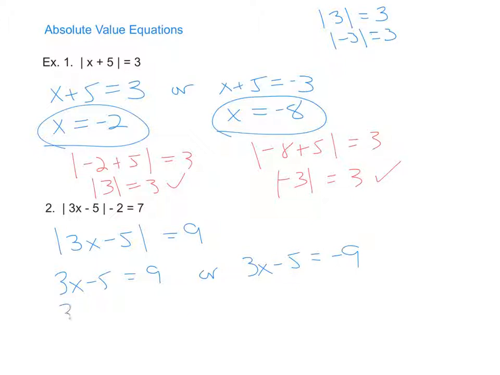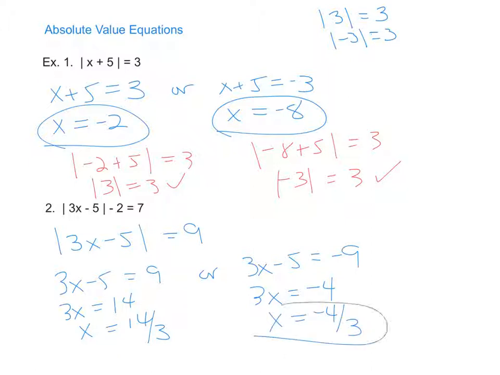So I just need to solve this. 3x equals 14, x equals 14 over 3. 3x equals negative 4 by adding 5 to both sides. X equals negative 4 thirds. Not very pretty solutions, but those are the solutions I end up with. And I can go back and check these by plugging them in. It's going to be a little messy because of the 14 over 3 and the negative 4 over 3. However, 3 times that will make it so you don't have to really worry about that.